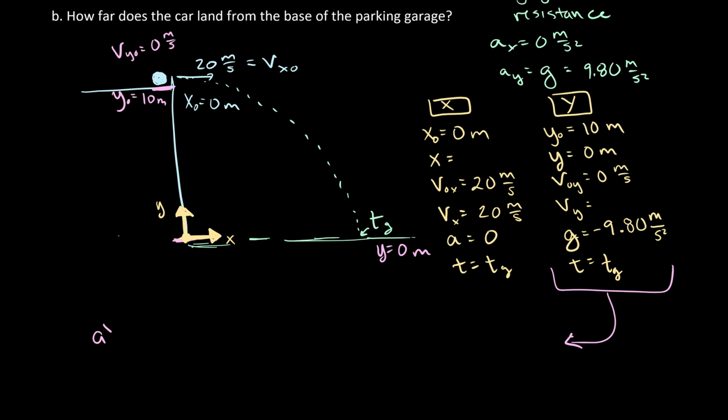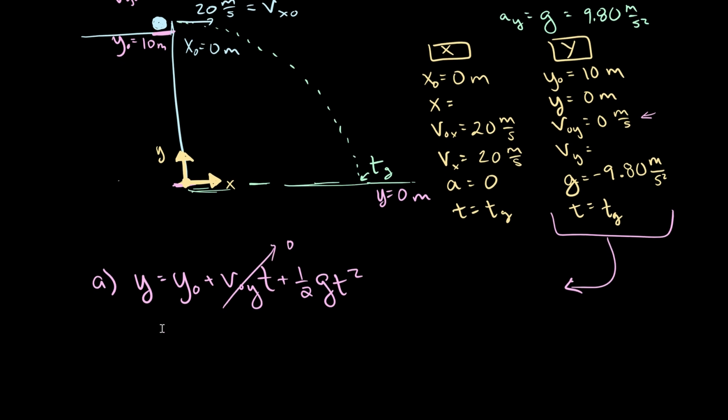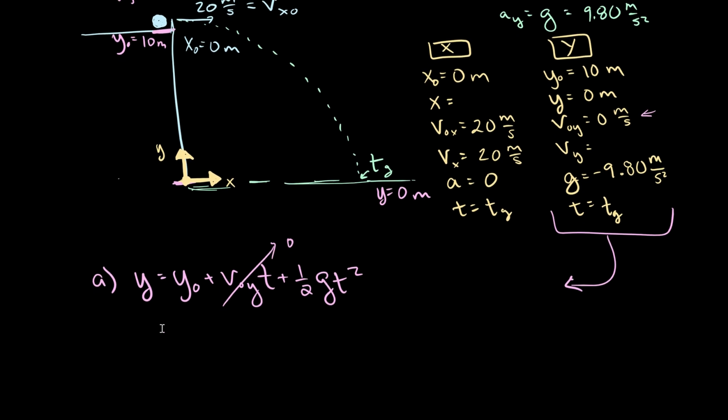For part A, I'm going to look at my y position versus time equation: y equals y naught plus v naught y t plus 1/2 g t squared. My initial y velocity is 0 meters per second, so that whole term cancels out to 0. And my final y is going to be 0, so that cancels as well. Plugging in my numbers, I have 0 equals 10 plus 1/2 times negative 9.8 t squared.